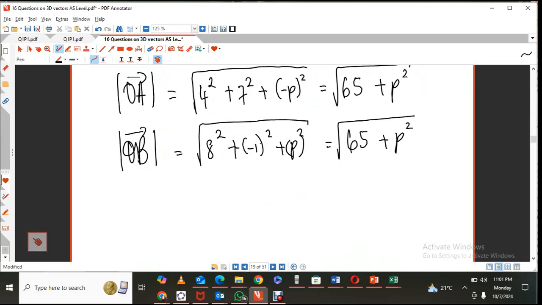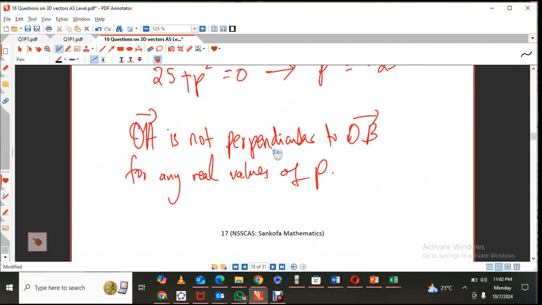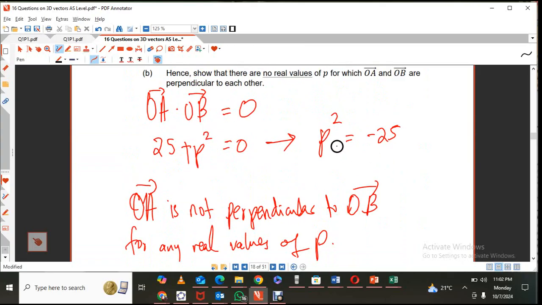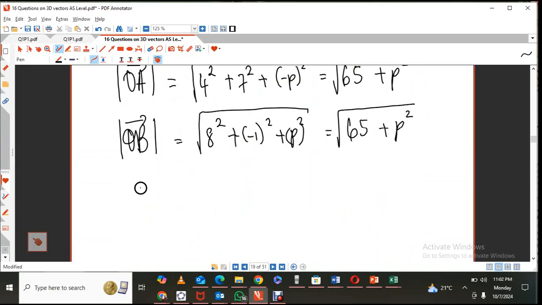What else do we need? Of course, we also need the dot product of these two, because we will have to use it, but we did calculate the dot product, if I'm not mistaken. The dot product of OA and OB from our work before was 25 plus P squared.